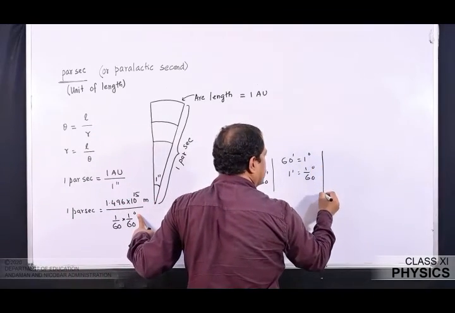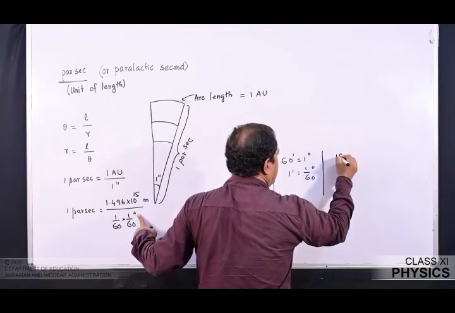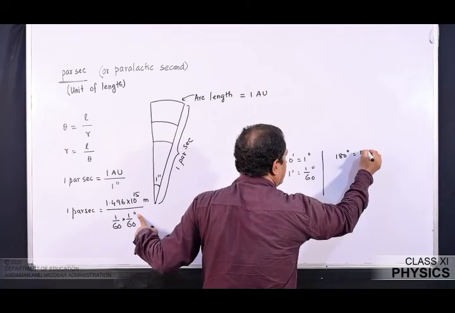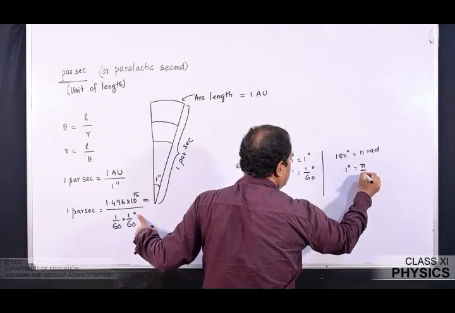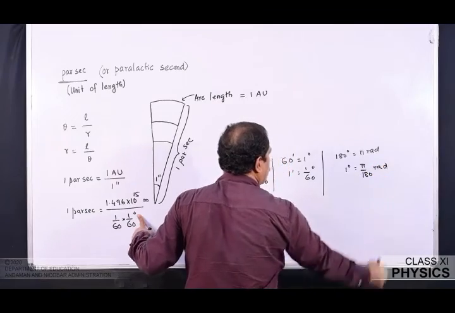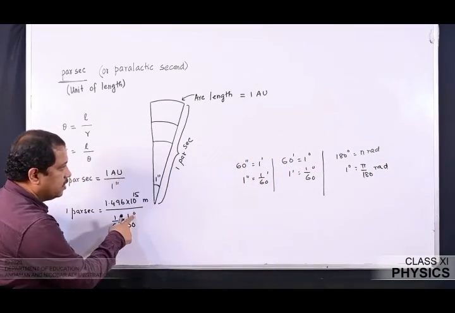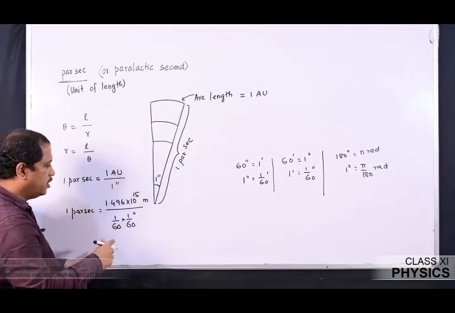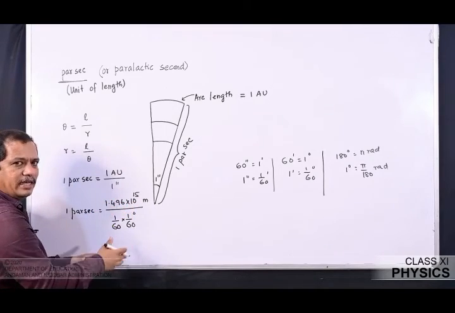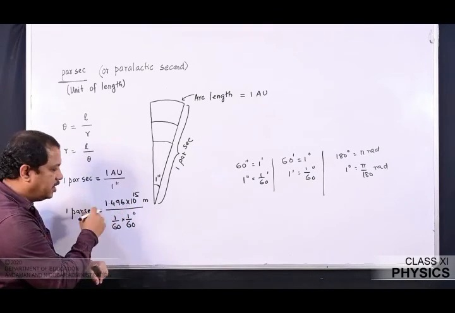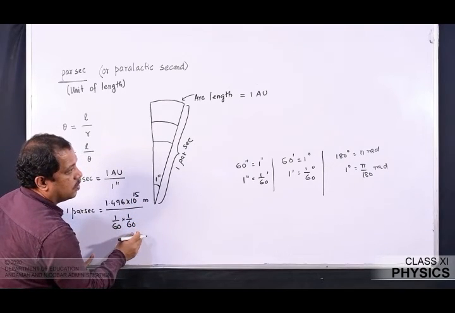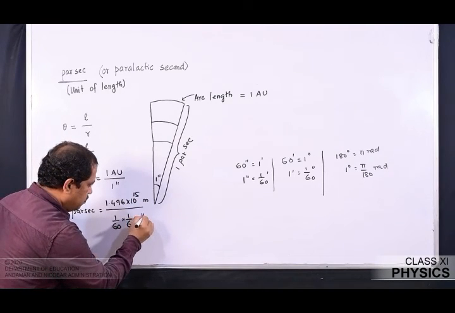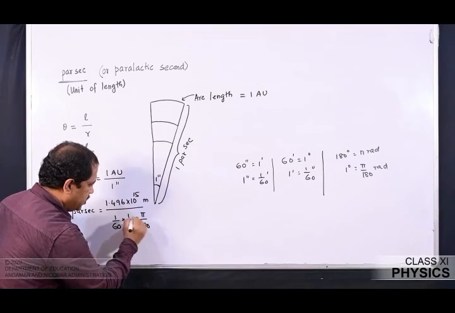Already we have studied that 180 degrees is equal to pi radian. So 1 degree is equal to pi over 180 radian. So in that case, this degree I will write in terms of radian, because I know in problems I need to substitute the values in terms of SI units. So degree is to be converted into radian, and this value works out as pi by 180 radian.